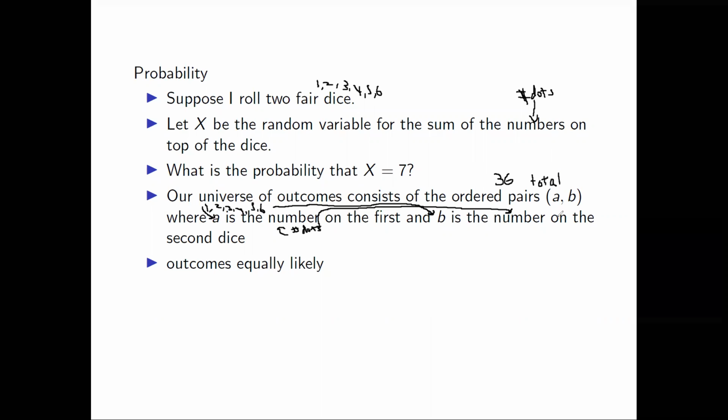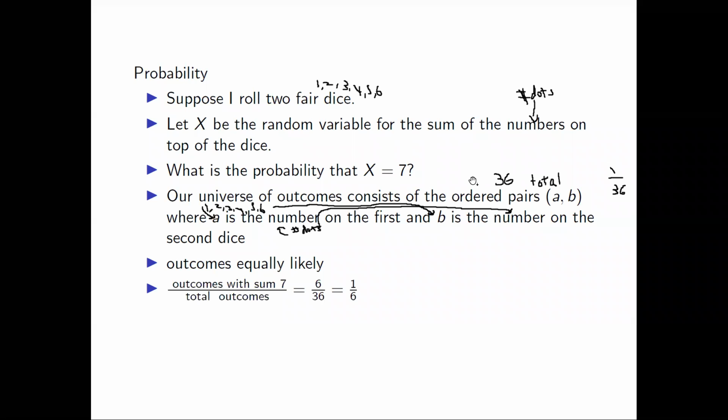And all of them are equally likely because all of them occur with probability 1 over 36. And when the outcomes are equally likely, we can calculate the probability that x equals 7 as the number of outcomes where x equals 7 divided by the total number of outcomes. And we said the total was 36.